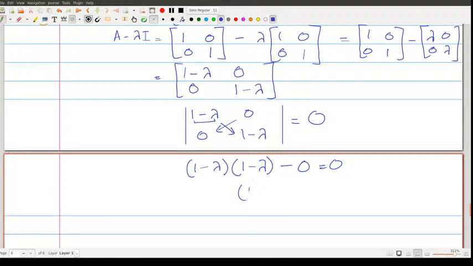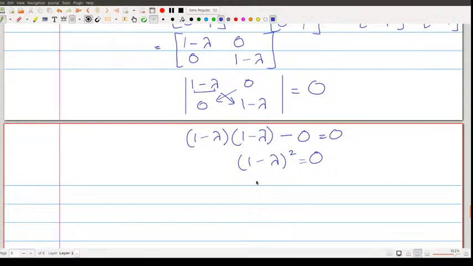So the equation is really 1 minus lambda squared equals 0, which is a quadratic equation, but easy to solve because it just tells us that 1 minus lambda equals 0 and 1 minus lambda equals 0. So two same factors, which means lambda is equal to 1 for both cases.